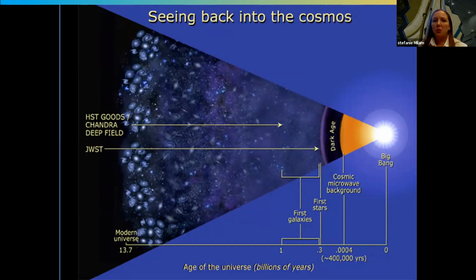And so in order to go further back in time, they knew that they needed to go to longer wavelengths to accommodate further redshifts and get the first stars and galaxies, or the toddler years of the universe, after the cosmic microwave background radiation and dark age expansion. So that is where JWST was conceived.